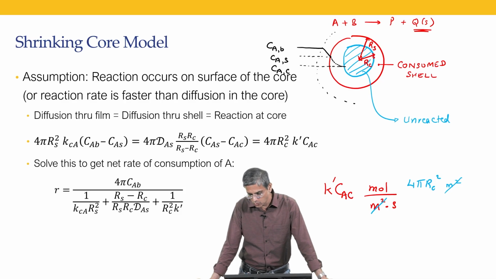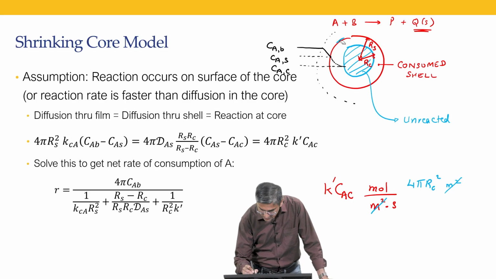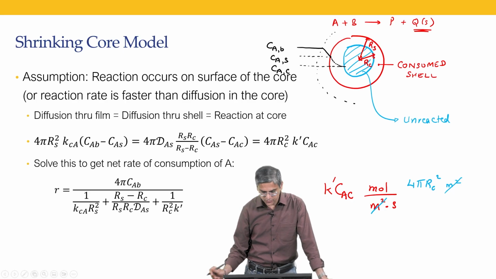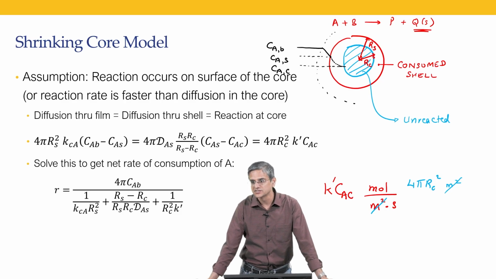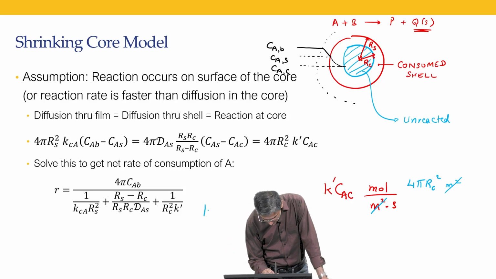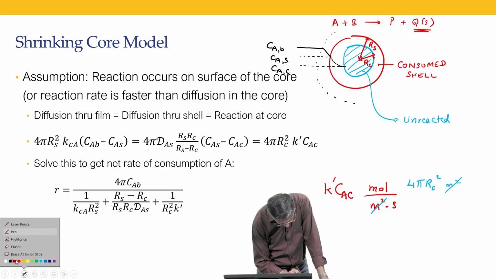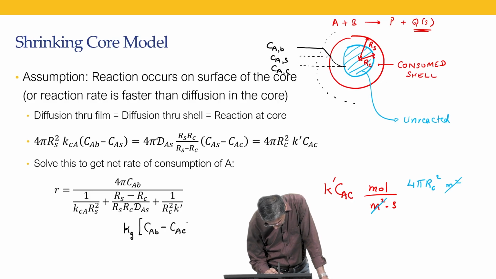Okay. What about the flux that comes in over here? What is that going to be equal to? Flux in terms of moles per meter square per second. Diffusive flux. Yeah, kg into, so it will be, okay.